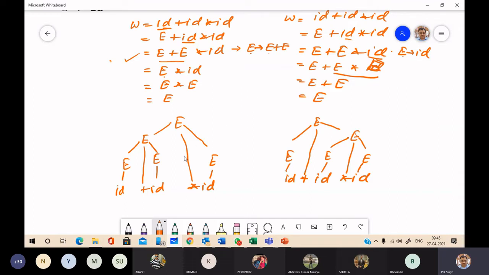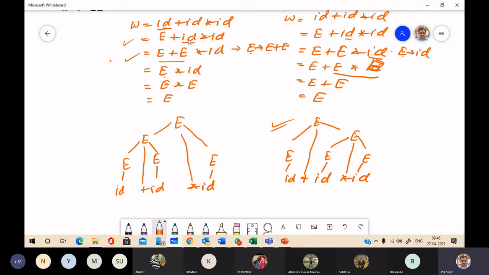So you have two syntactic structures, and this syntactic structure is correct because in it multiplication has precedence over addition. Although this grammar is an ambiguous grammar, in this case this reduction is wrong.